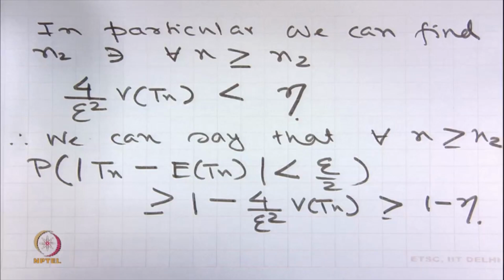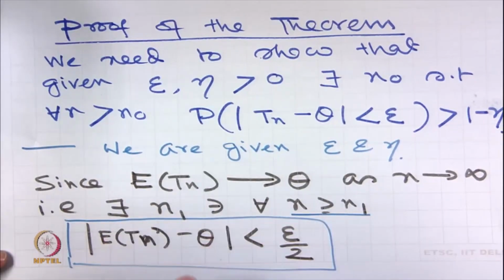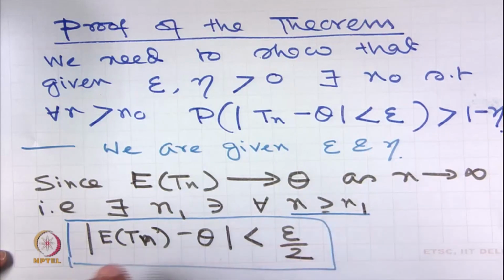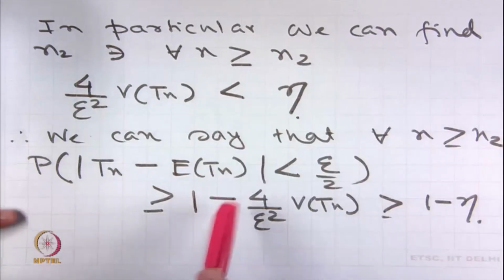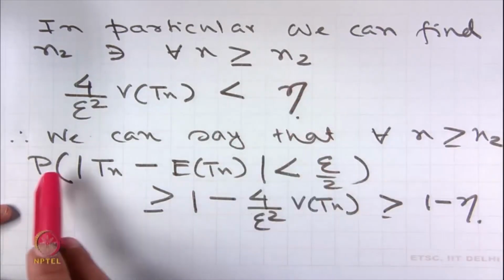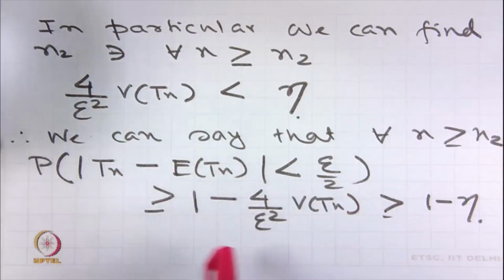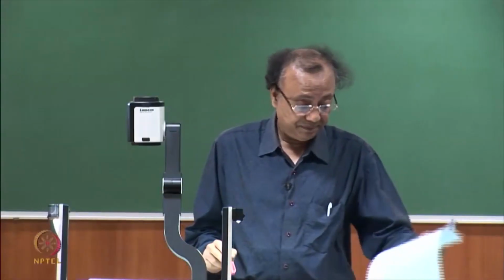Therefore, what did we get? We have an n1 such that for all n greater than equal to n1, expected value of T n minus theta is less than epsilon by 2. There is an n2 such that for all n greater than equal to n2, probability modulus of T n minus expected value of T n less than epsilon by 2 is greater than 1 minus eta.